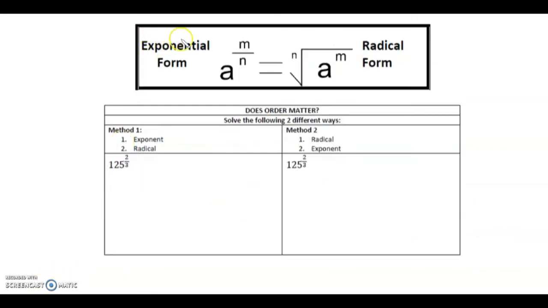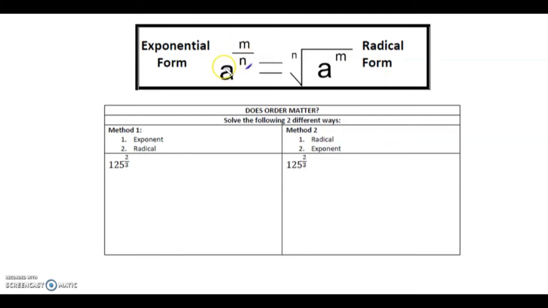Now we're going to talk about the exponential form to radical form when we're dealing with a fraction, or a rational exponent, but the numerator is no longer 1. So in this case, we're just going to call it m over n. Okay, and the way I read this fraction is the way I put it into radical form.